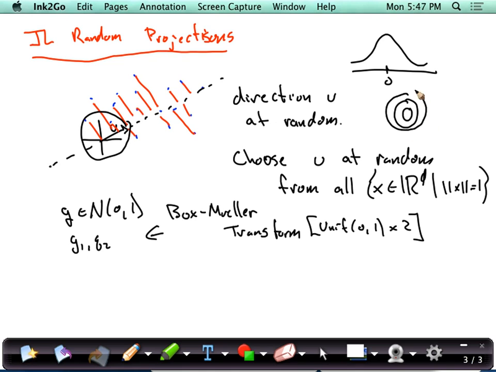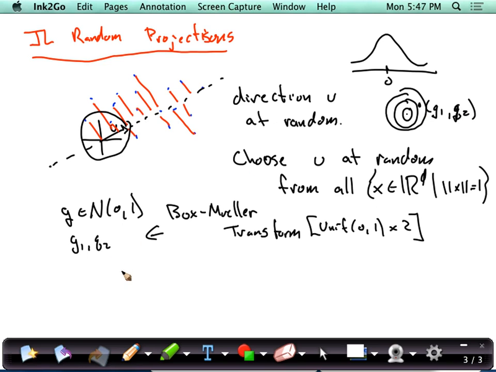Okay, so if I look at the isolevels around 0, they are perfect circles, which means that if I have a point from a 2-dimensional Gaussian, G1, G2, and I normalize it, then it lies on a circle, and it's equally likely to be in every direction.